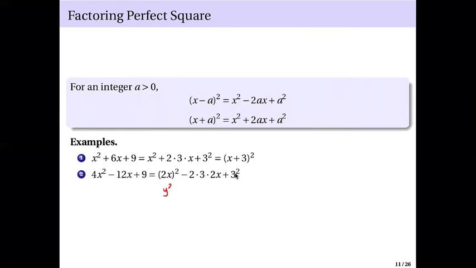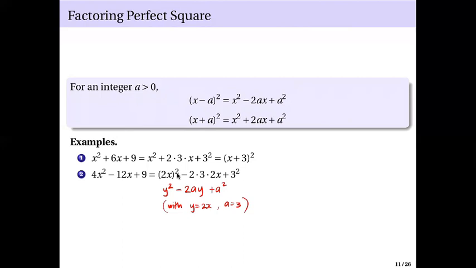So this is of the form y squared minus 2ay plus a squared with y equal to 2x, and a equal to 3, correct? So 2ay is 2 times a, which is 3, times y, which is 2x. So 2 times 3 times 2x. Y squared here, y is equal to 2x, so you have (2x) squared.